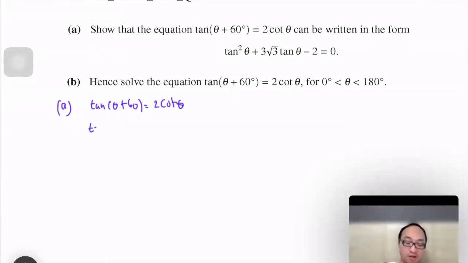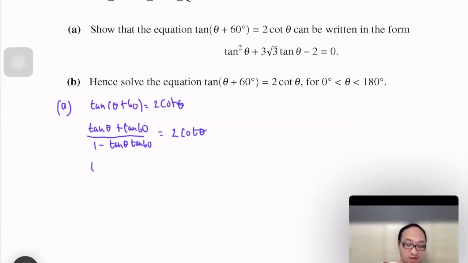The formula is (tan θ + tan 60) divided by (1 − tan θ tan 60) equals 2 cot θ.